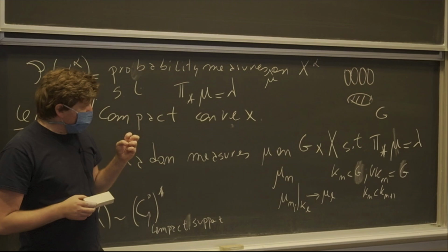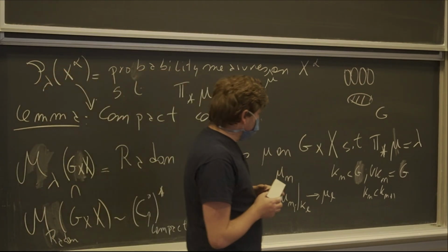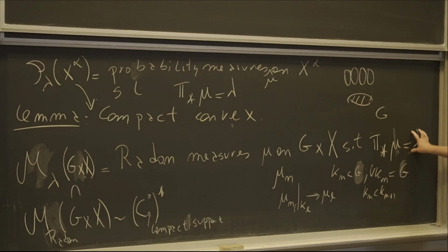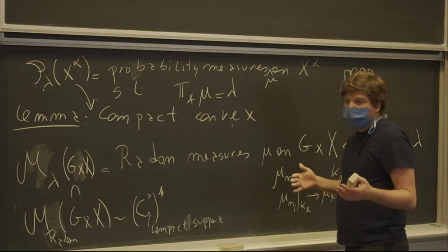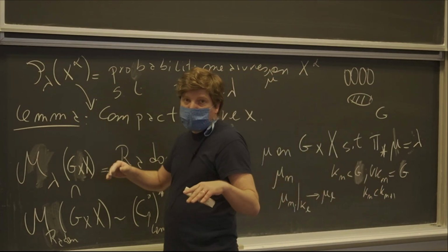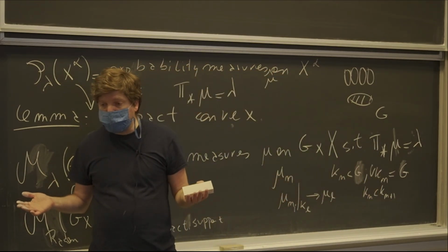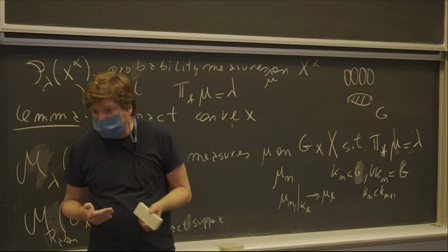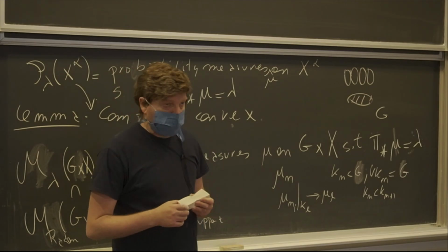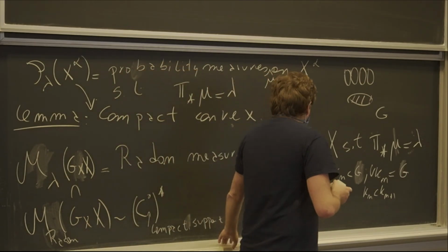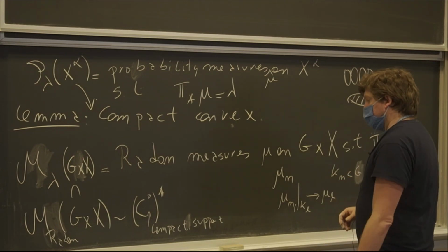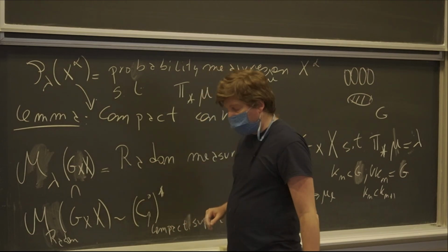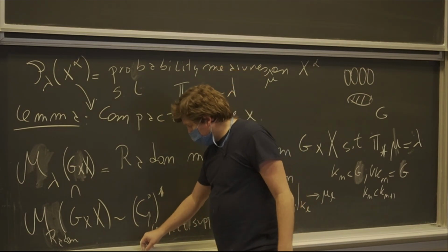But that's exactly what we bypass by saying that the measure projects to Lebesgue. Once the measure projects to Lebesgue, the only possible escape of mass would happen from G, and since the measure projects to Lebesgue, there is no escape of mass along G. So it can only escape along X, but X is compact. So there is nothing to worry about. So this tells me that this is a compact metric space.